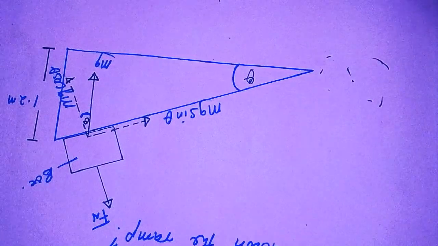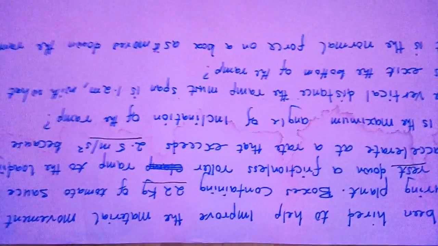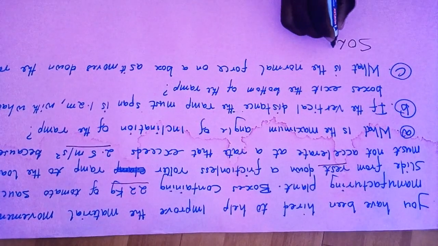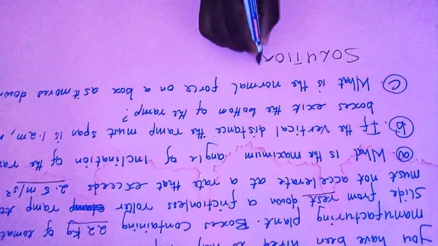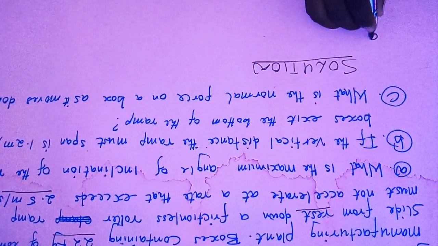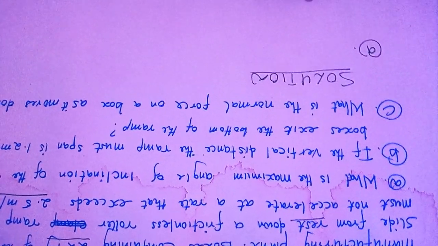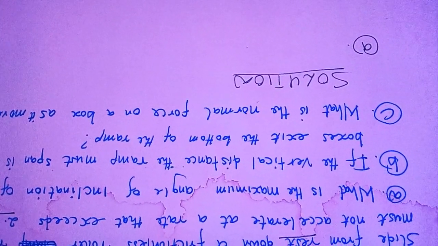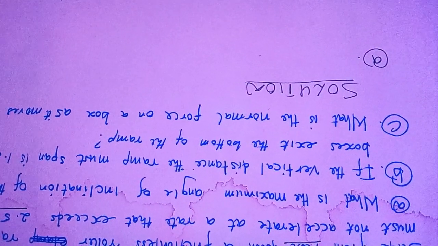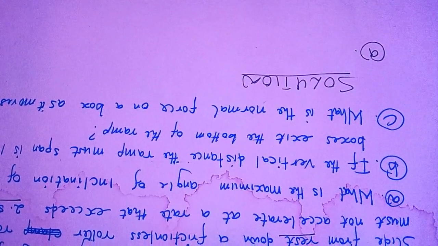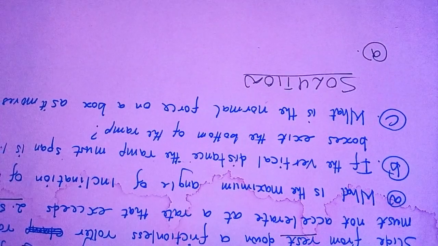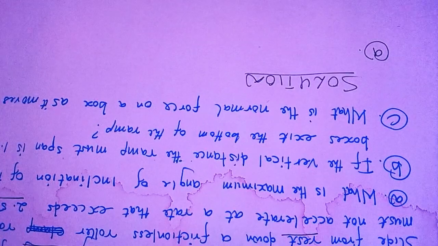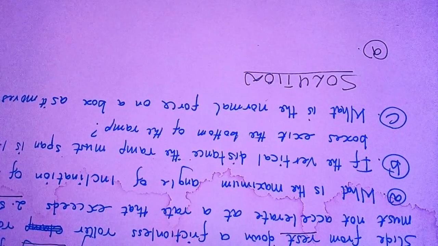So to answer question A, where we are supposed to find the angle of inclination, let's say solution for question A. According to Newton's second law of motion, which states that the acceleration of an object is directly proportional to the net force acting on it, but inversely proportional to its mass.